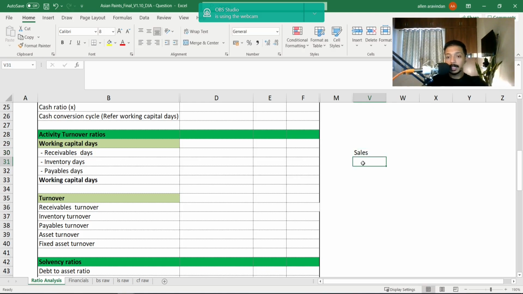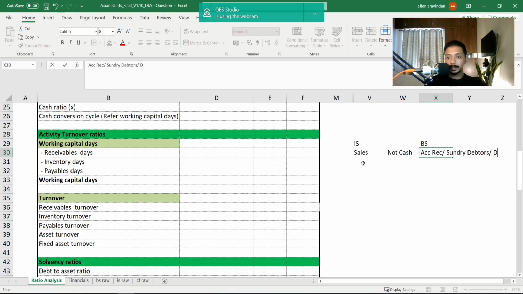So you've got sales happening in your income statement, and the part of it which is not cash and will be received in the future gets booked in the balance sheet as accounts receivable. Other names for it are sundry debtors or debtors in general.